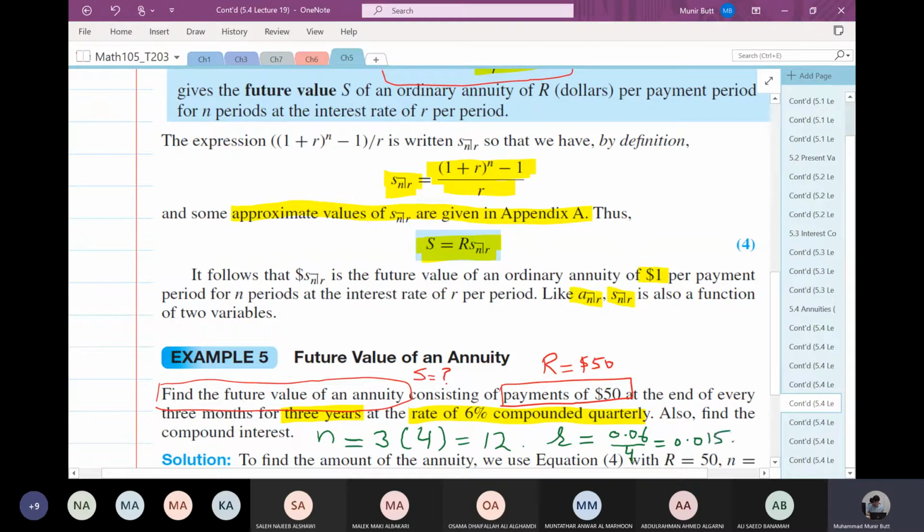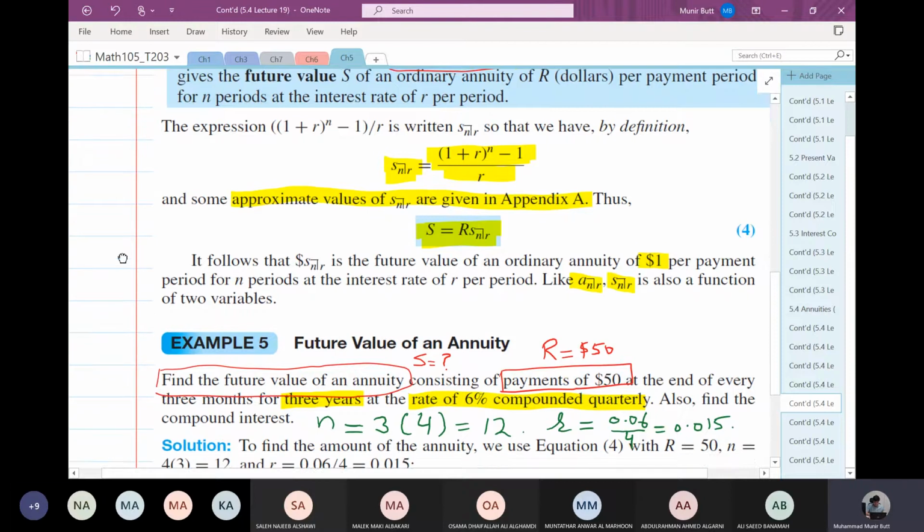0.065. Agree? Now we just plug these values in this formula 4 and we will get the answer. Okay, so let's see.